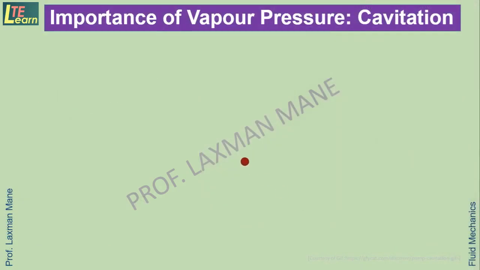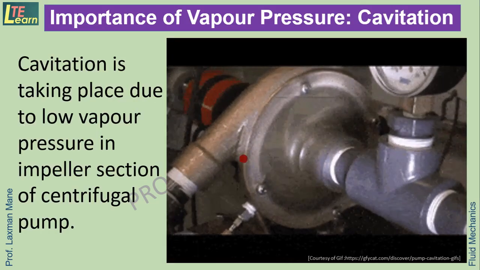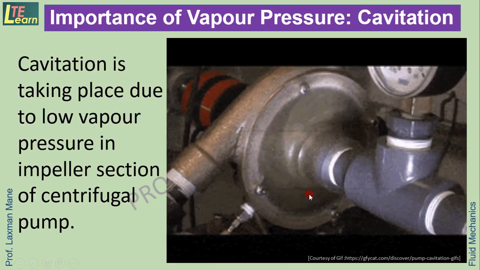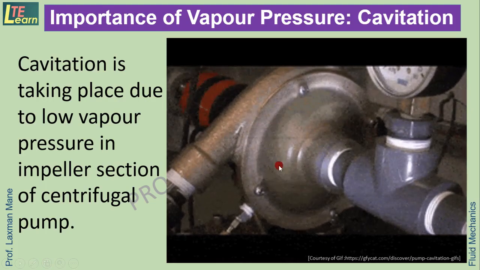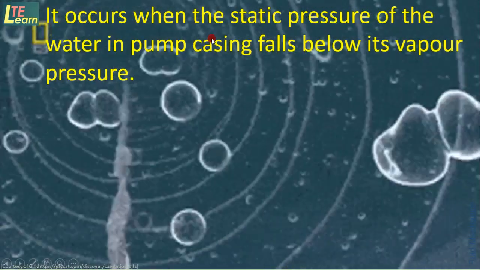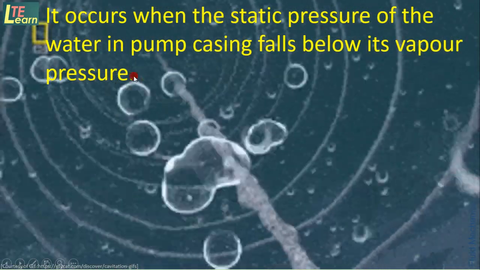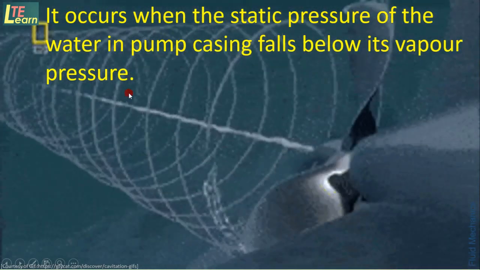The importance of vapor pressure can be understood by the phenomenon called cavitation. Cavitation takes place due to low pressure in the impeller section of a centrifugal pump. It occurs when the static pressure of the water in the pump casing falls below its vapor pressure.